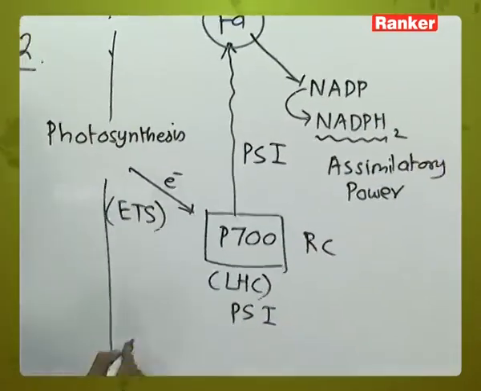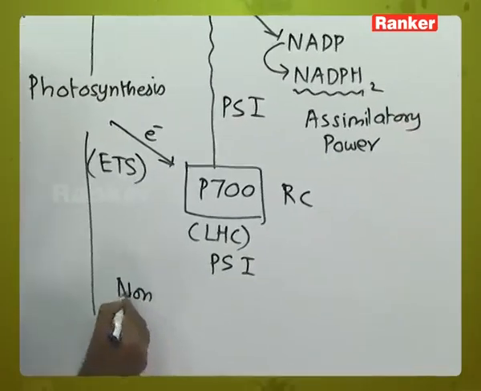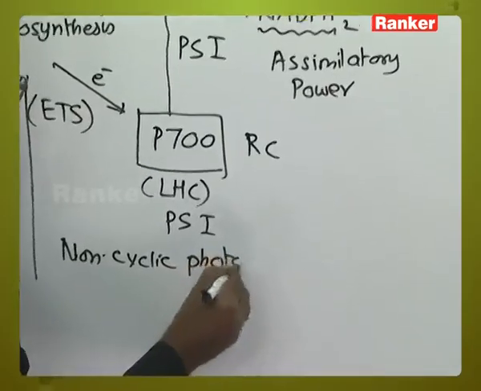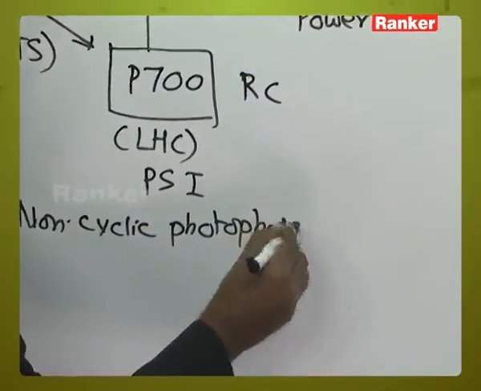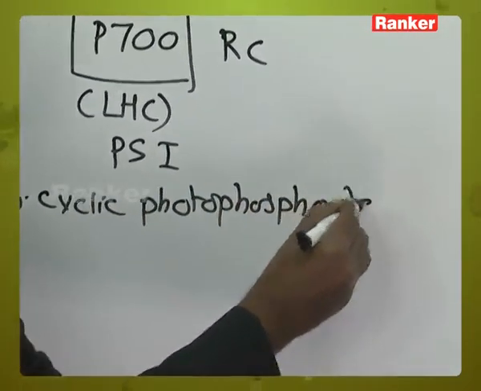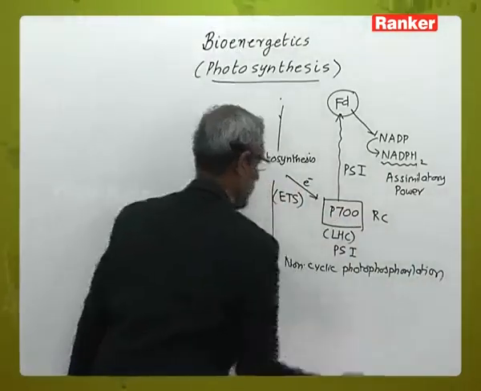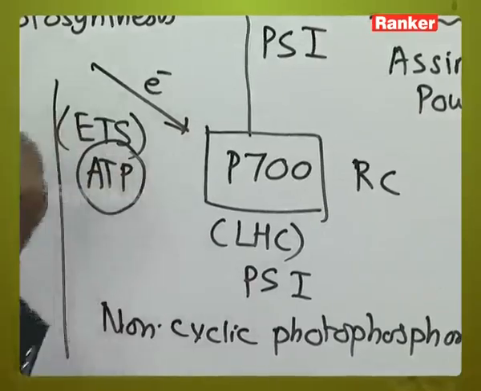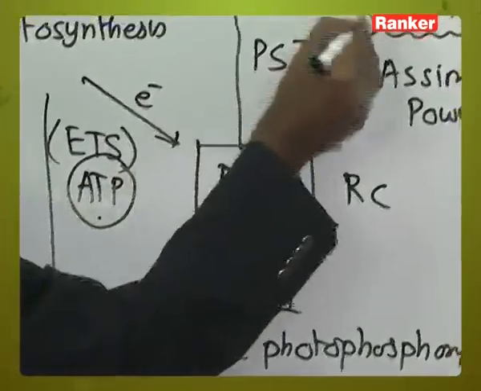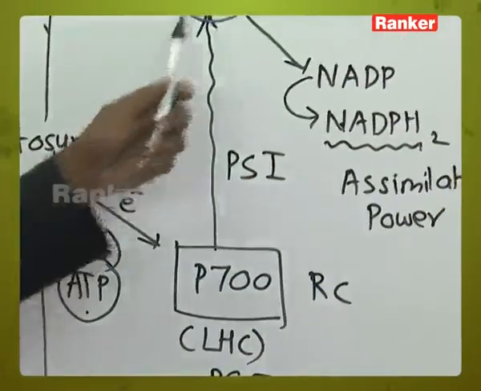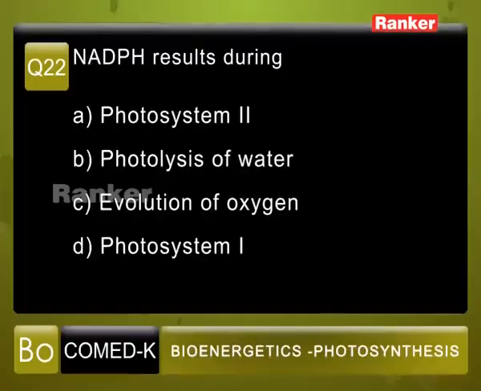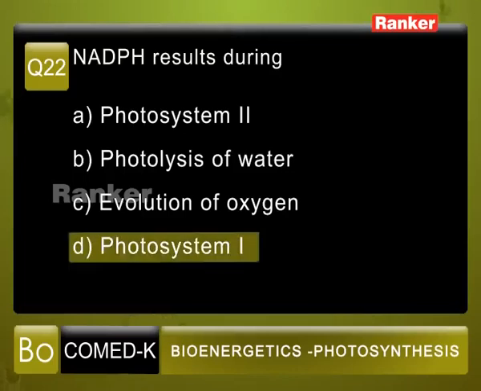It is a part of the non-cyclic photophosphorylation. We have the synthesis of ATP here between cytochrome F and cytochrome B6, and we have the synthesis of NADPH2 here after the formation of ferredoxin as an important component of photosystem 1. Hence, the answer is D.